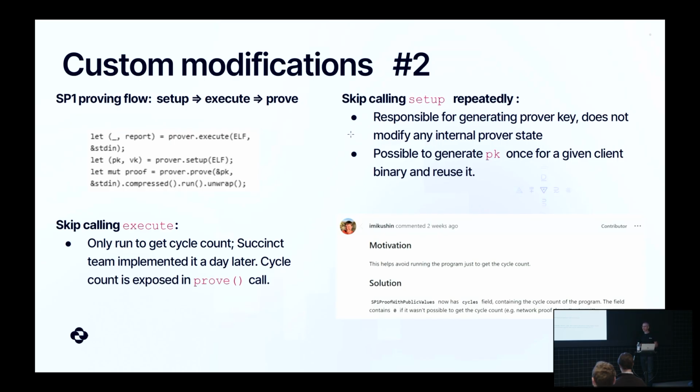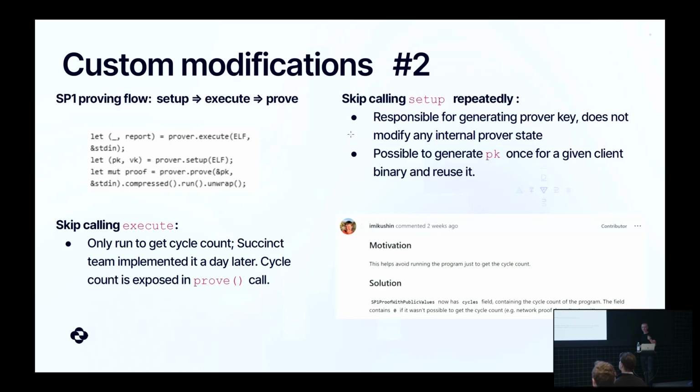So we can skip it and save 1 or 2 seconds. And then we also skipped calling execute, because execute was there only to get the cycle count. So we made sure that the proof call includes exposing the total RISC-V cycle count for the proving job.